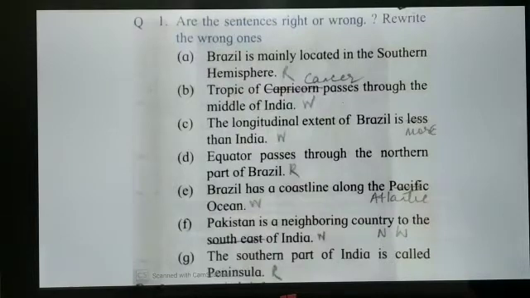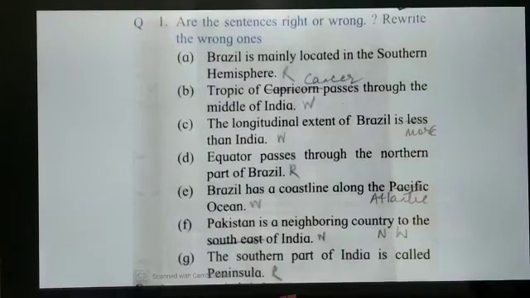The question number 1, which is there in your textbook: write right or wrong, and rewrite the wrong one. Here A, B, C, D, E, F, G, H, the various statements are given. You are supposed to write right or wrong, and you have to correct the wrong one.